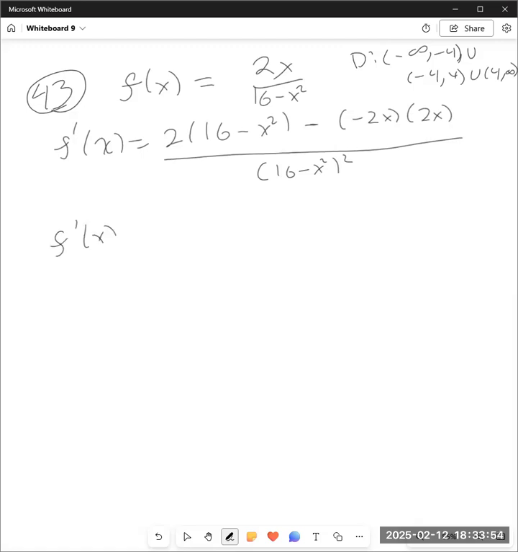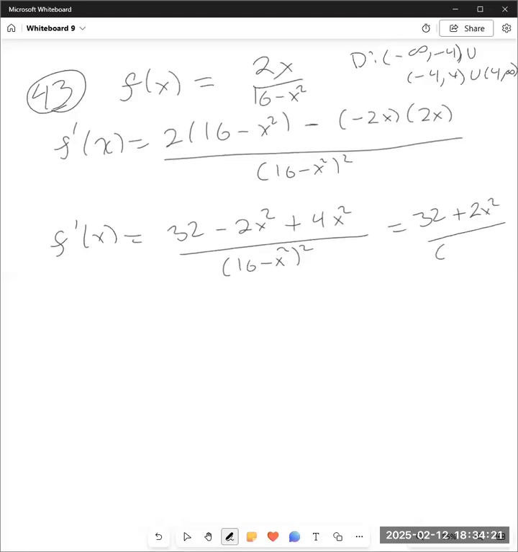F prime of x will be 32 minus 2x squared, and then minus a negative is a positive, 2 times 2 is 4, x squared, over 16 minus x squared, squared. That is 32 plus 2x squared over 16 minus x squared, squared.